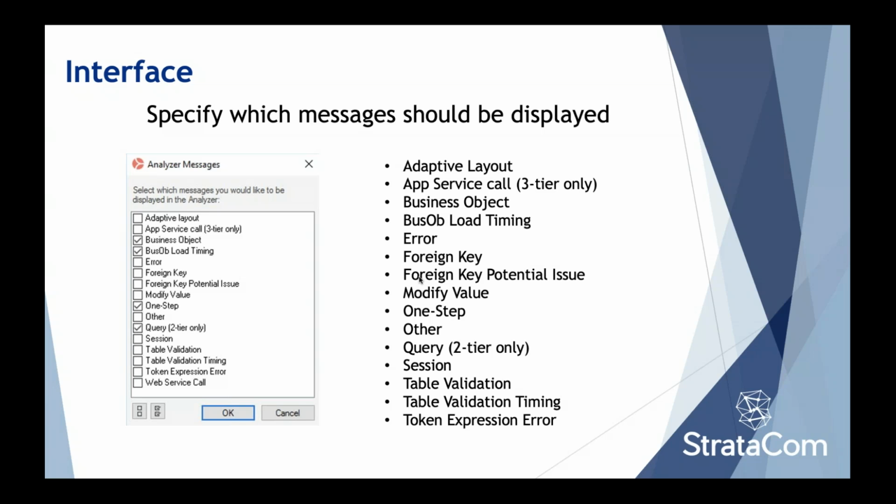Token expression error. These are things where you've got data mismatch, like improper data types. You'll see it if you try and perform a calculation on text fields, things like that. I think there used to be, I wouldn't call it a bug, but there was a token expression error out there about the number of approvals.